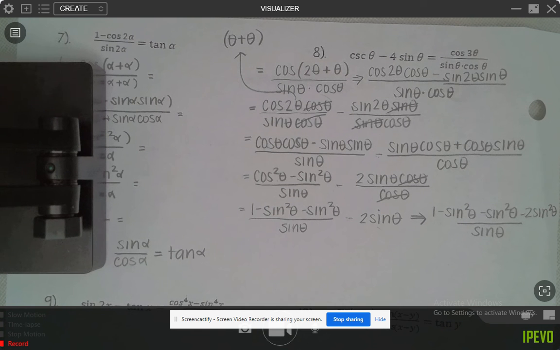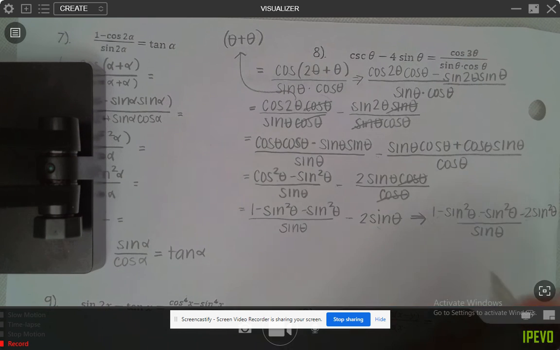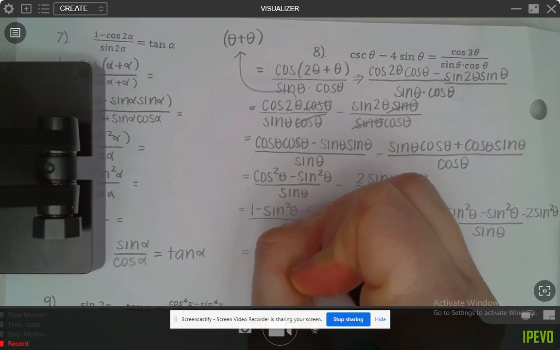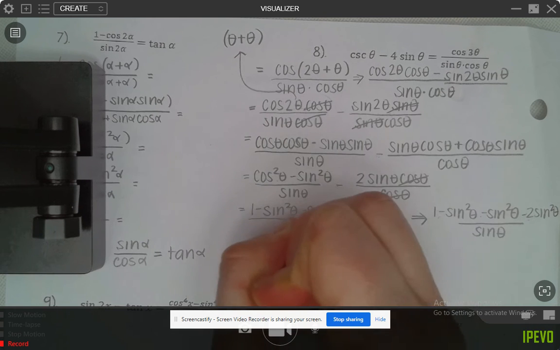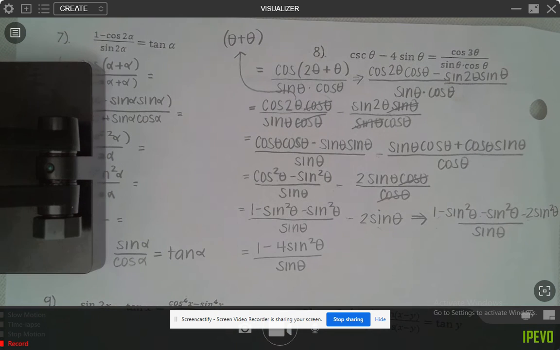Do you have any like terms? How many sine squares do I have? What? 3. Try again. 4. Minus 1, minus 1, minus 2. Minus 1 minus 1 is minus 2. Minus 2 is minus 4. So you have 1 minus 4 sine squared of theta over sine of theta.